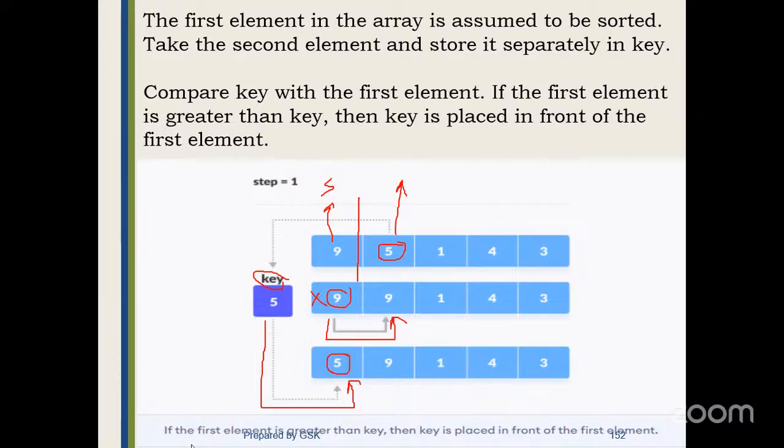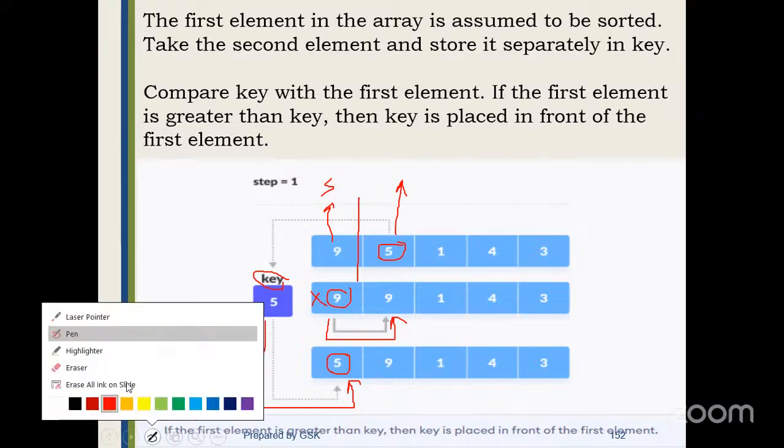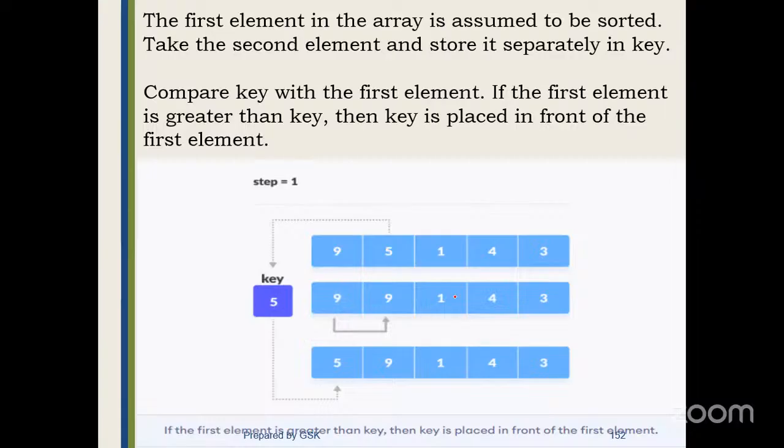So this is step 1. Let me repeat step 1. This is the given array. Assume that this first element is already sorted. You can start from the second cell. In the second cell, we have element 5. Before starting the algorithm, you must store that element in a variable. In my example, my variable name is key. I'm storing that value 5 in the variable key.